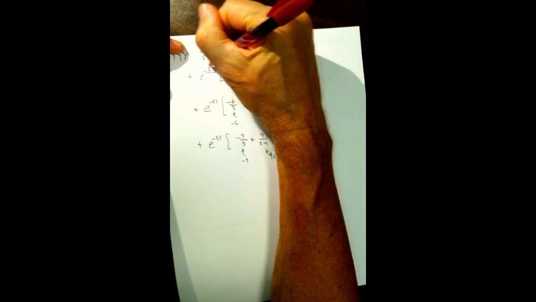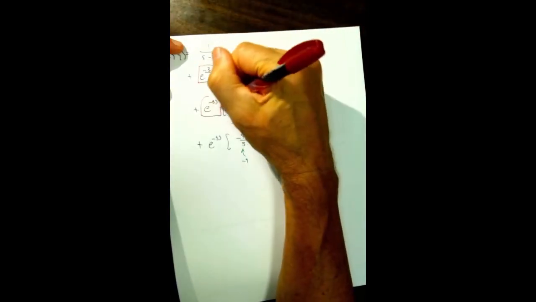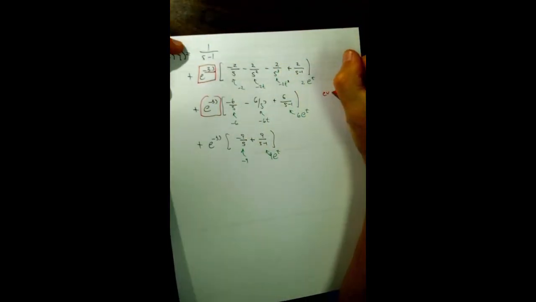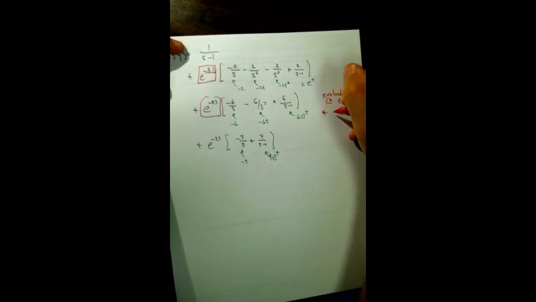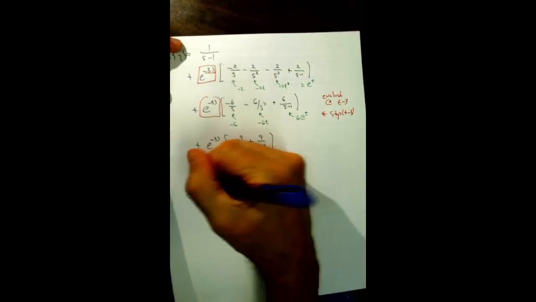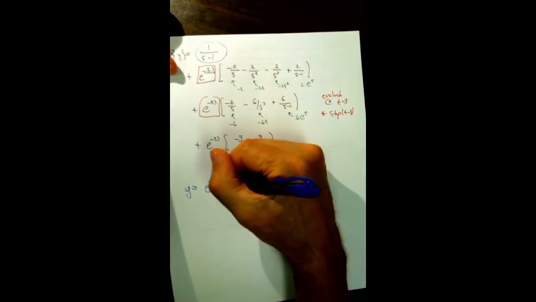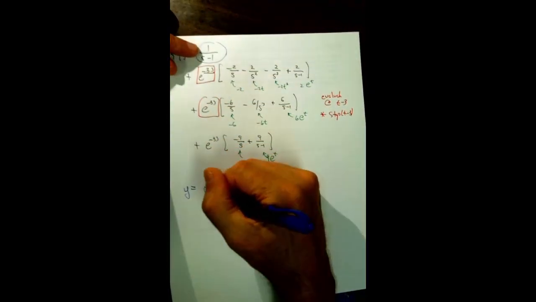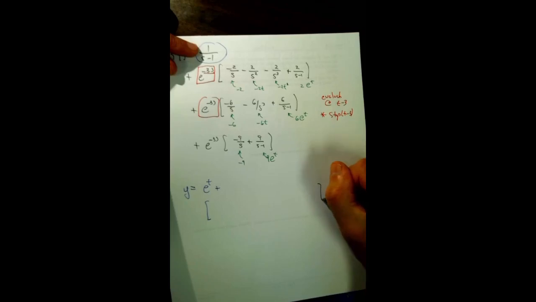But because of this term, I have to evaluate at t minus 3 and then multiply by the step function at t minus 3. So in the end, I get y, Laplace transform of that, or that's the Laplace transform of e to the t. Then this is going to be something times the step function at t minus 3.